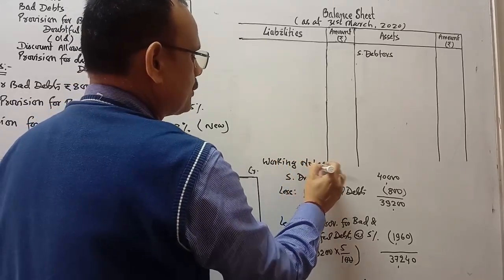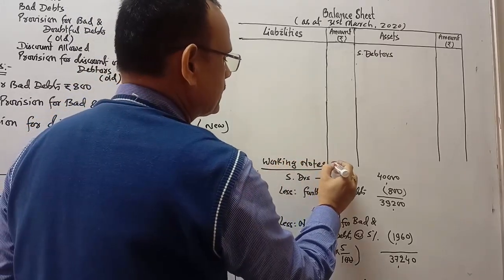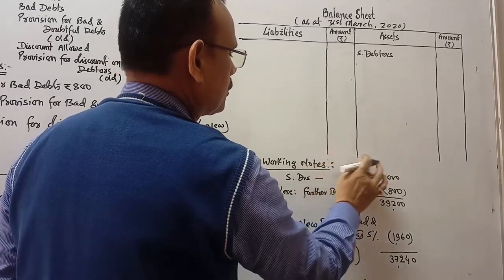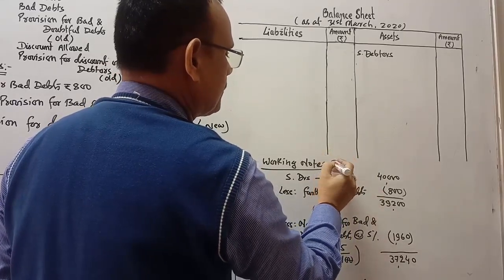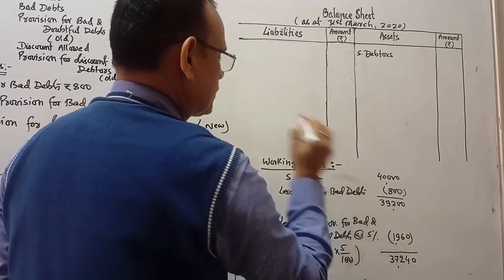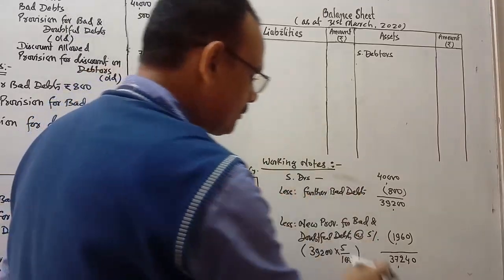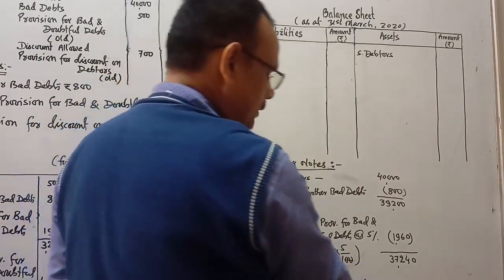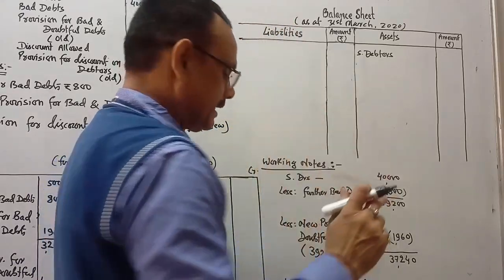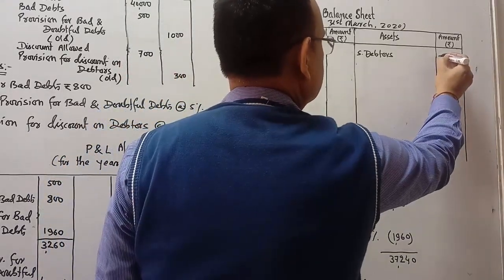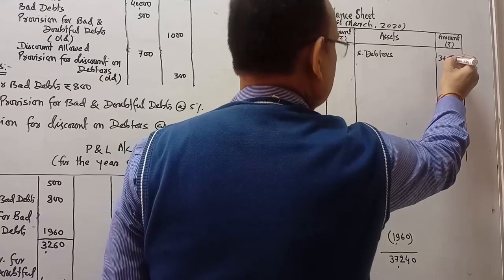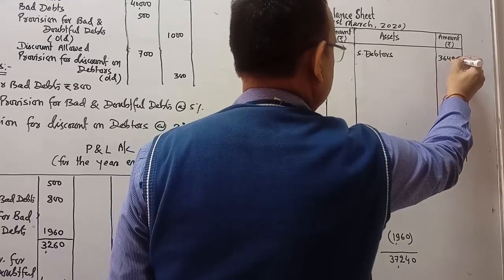So we are not going to show the details in the balance sheet once again. Directly we will write the net amount which is received from the debtors, that is 36,495.